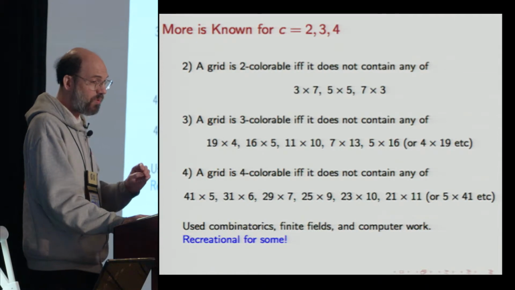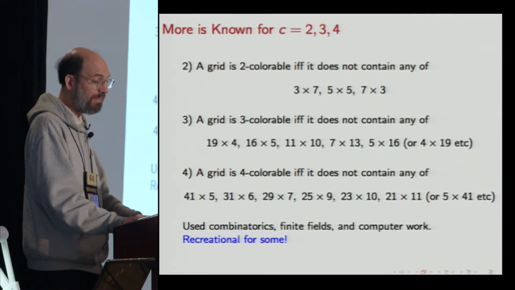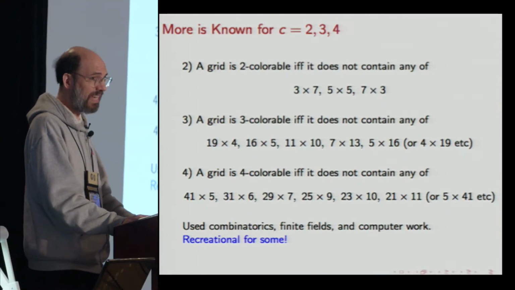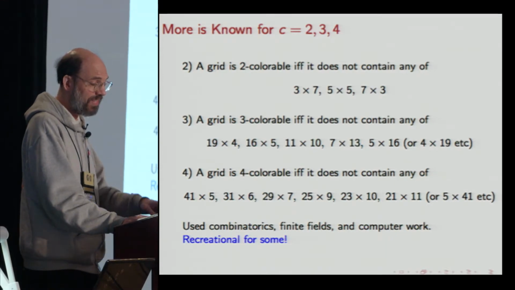A grid is 3-colorable if it does not contain any of these: 19 by 4, 16 by 5, etc., and the reverses. And we do have a complete characterization. You can 4-color a grid if it does not contain one of these: 41 by 5, 31 by 6, down to 20 by 11, and the reverses. These proofs use combinatorics, finite fields, and some computer work. Is it recreational? I leave that to you.